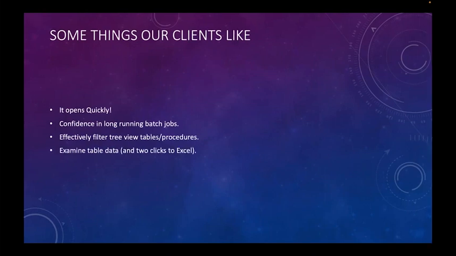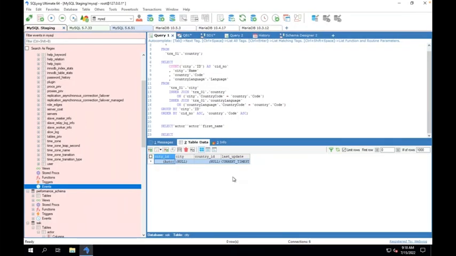You can examine table data, and in a couple of clicks you can go ahead and share it to Excel. So you can go ahead and add any kind of filter data. Once you have worked on the query, you can go to this particular option and go to table data to see the table data for that particular option.